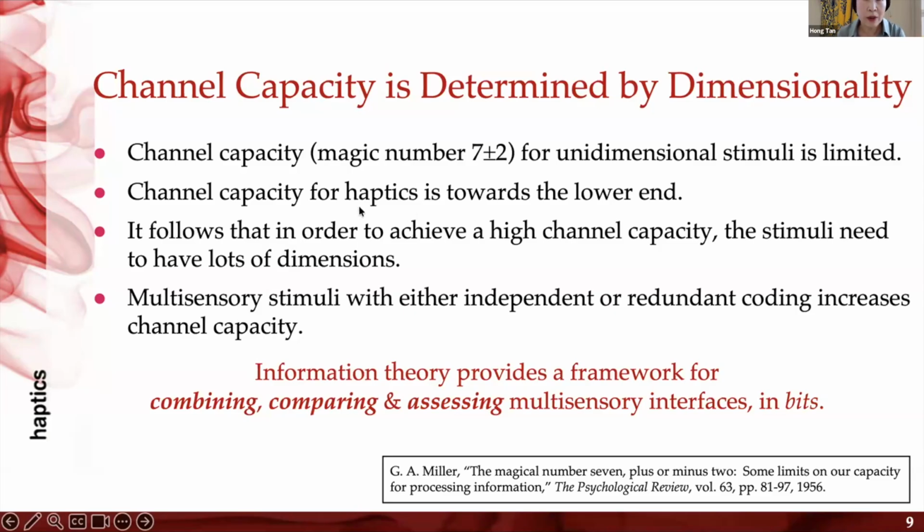And by the way, channel capacity for haptics tends to be towards the lower end. The data I showed you is like five categories for the channel capacity, whereas for visual, it tends to be on the higher end. So you know that if you only vary one variable, you're not going to create a very high information display because you're just going to be limited by the 7 plus or minus 2, right?